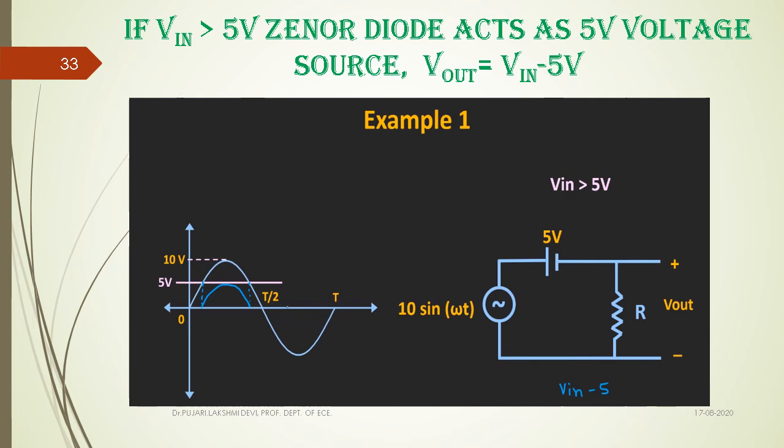That's the reason the same type of output waveform is repeated, but its peak is a maximum of 5 volts, that is Vin minus 5 volts. Why do you get a maximum of 5 volts? The input is 10 and here we have a voltage source of 5 volts. 10 minus 5 means the output voltage is 5 volts maximum. This is the peak of the output voltage waveform.